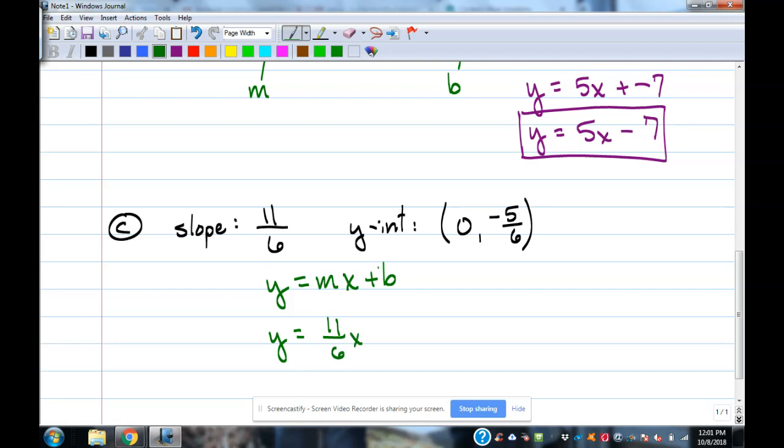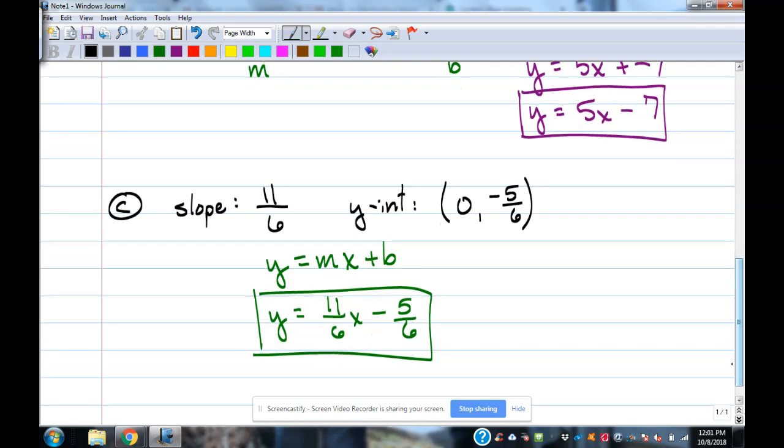What's b? Negative 5 over 6. I'm going to write that minus 5 over 6. It's okay that they're fractions. It's not a problem. They give you the slope, they give you the y-intercept. Find it. Easy stuff right there.